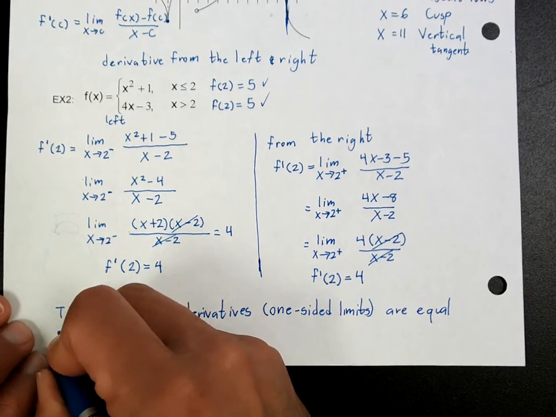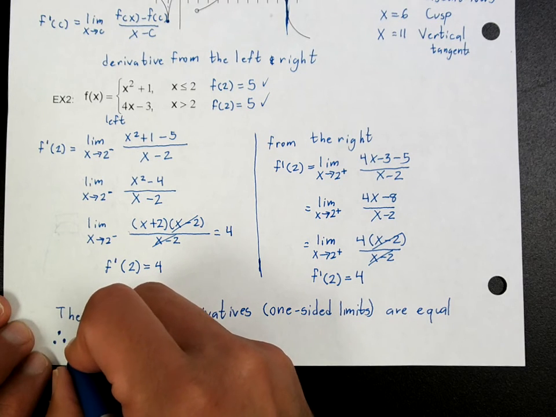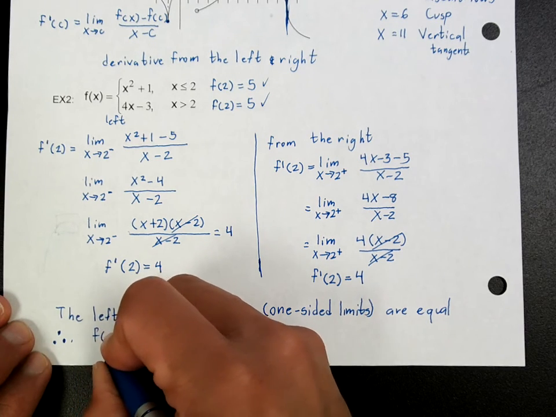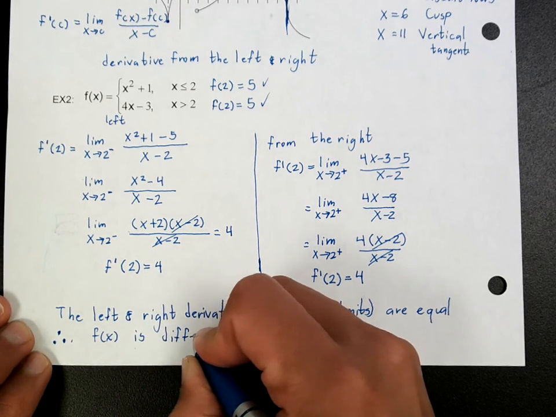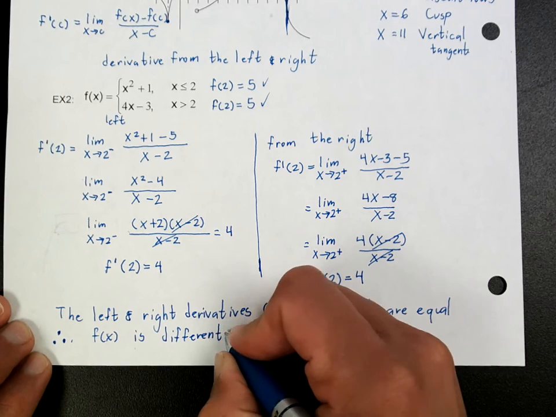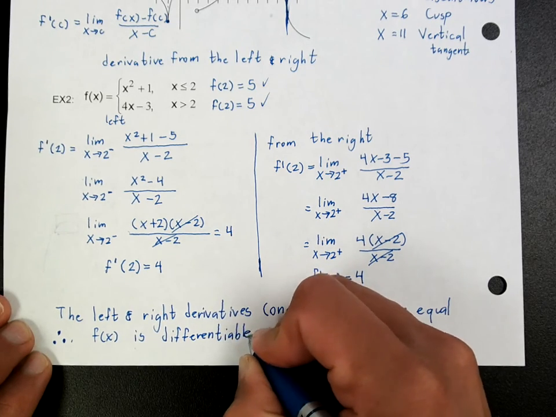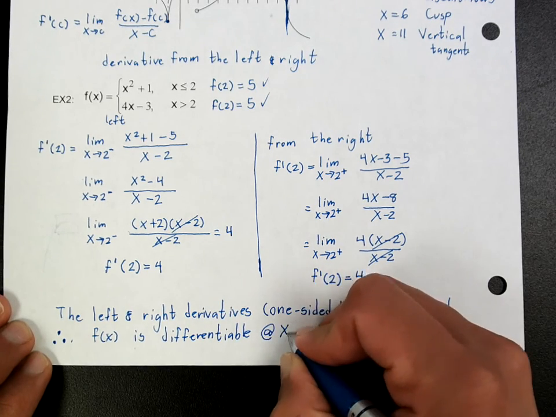Therefore, remember those three little dots means therefore, f of x is differentiable at x equal to 2.